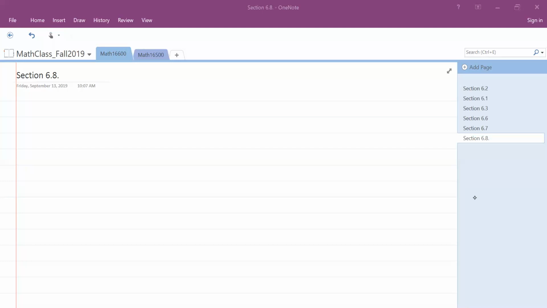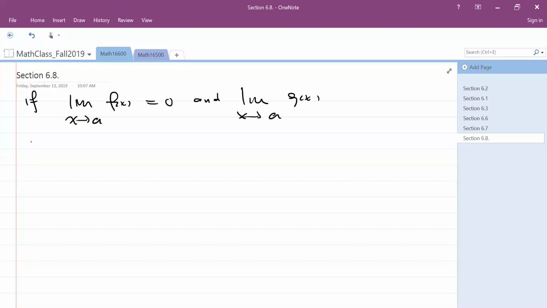Either both sides approach zero or both approach infinity. It's the same story. So let me roughly state the thing. If the limit as x approaches a of f(x) equals 0 and g(x) equals 0, or both approach infinity.